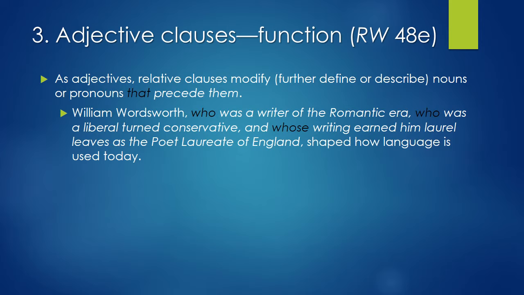So here I interrupt my subject and my verb with three relative adjective clauses. And I set them off with commas because they're non-restrictive. That is, they do not define William Wordsworth, but just elaborate or describe who he was.